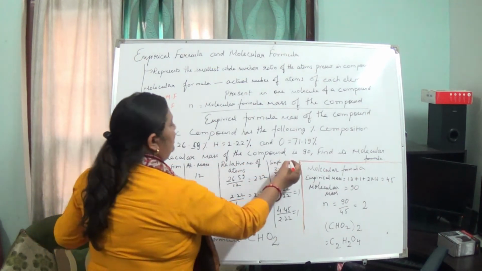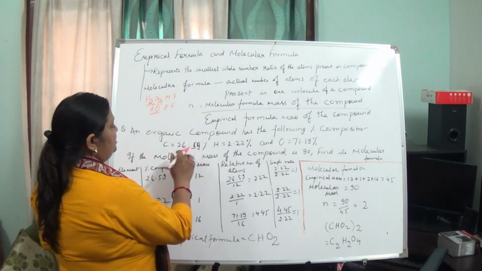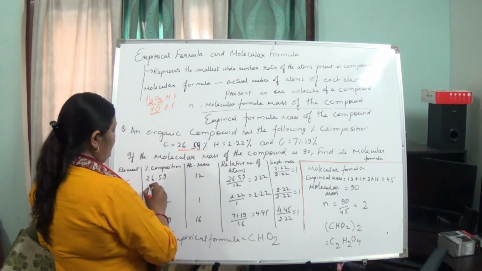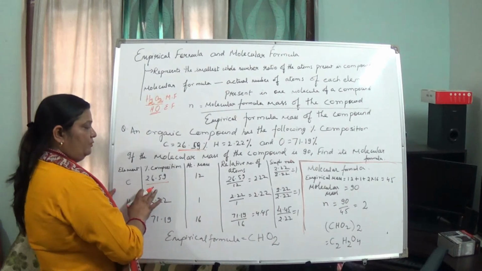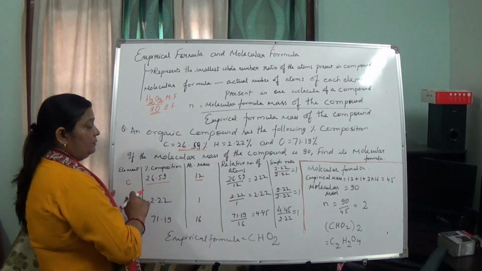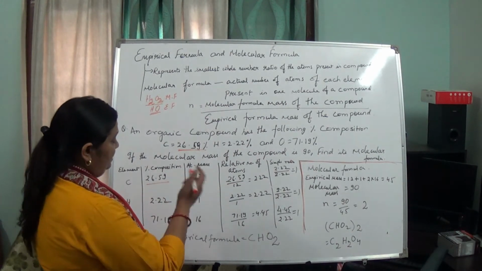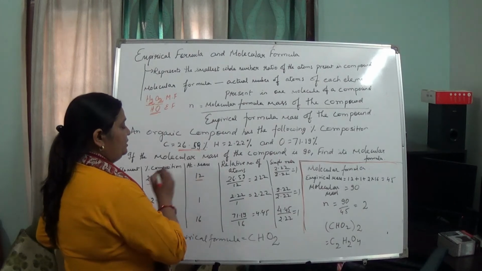Here first it is carbon. Carbon percentage composition is 26.59, which I have written here. What is the atomic mass of carbon? It is approximately 12. If we take it accurately it is 12.02, but here we are taking approximately, so it is 12.